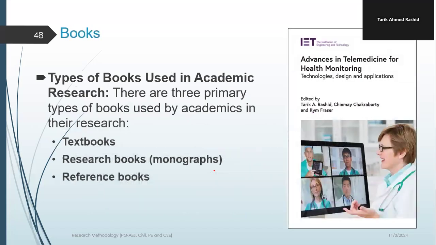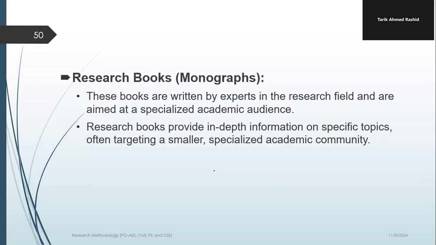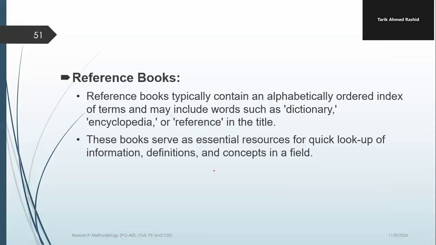For books, there are 3 types: textbooks for students at undergraduate or master's level; research books, which could be a monograph, whose purpose is for researchers and scholars to get information; and also reference books, which give you an idea.